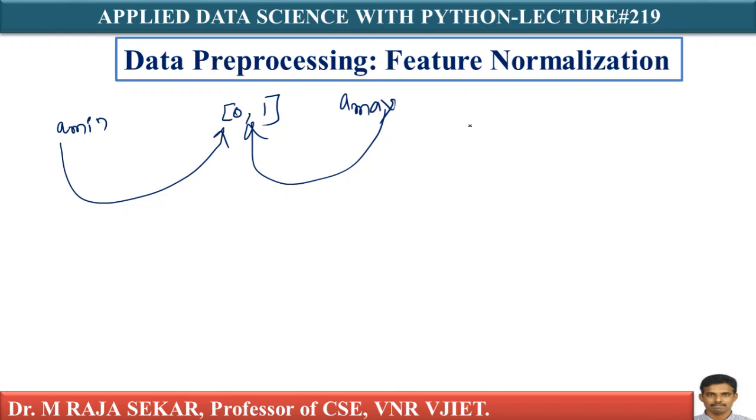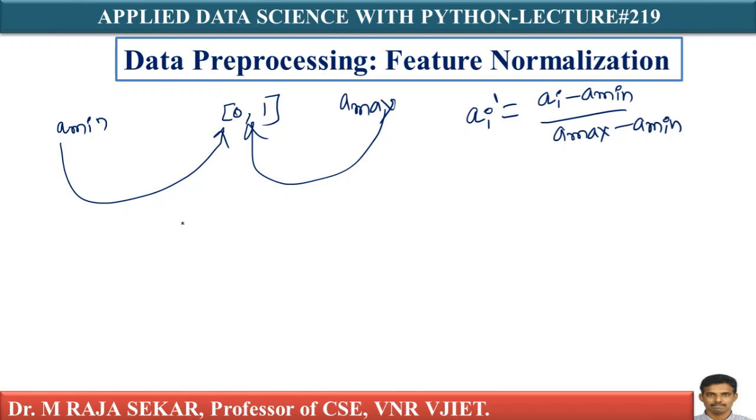My formula is Ai dash equals Ai minus A min divided by A max minus A min. If you transform A min, you will get 0. If you transform A max, you get 1. So all the values will be between 0 and 1.